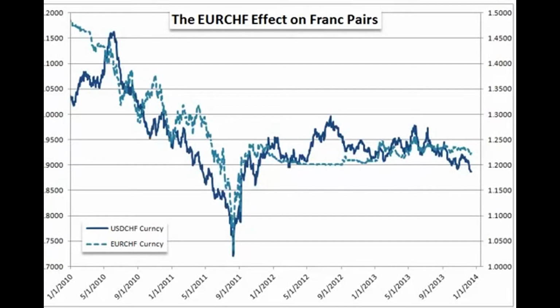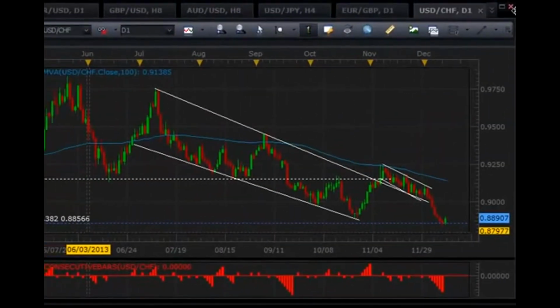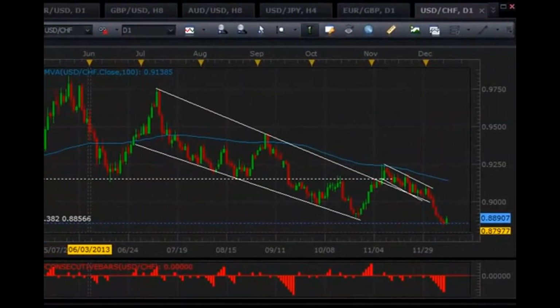I also happen to have a pretty positive expectation for the US dollar going forward, particularly against the Swiss franc, who's unlikely to be able to lift rates anytime soon or even discuss it because it would contradict their euro Swiss floor effort. But the dollar is likely to see some positive implications of a taper, whether it happens in December, January, March.